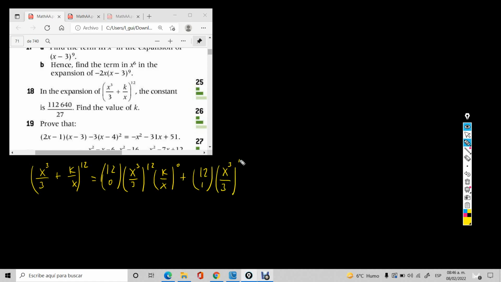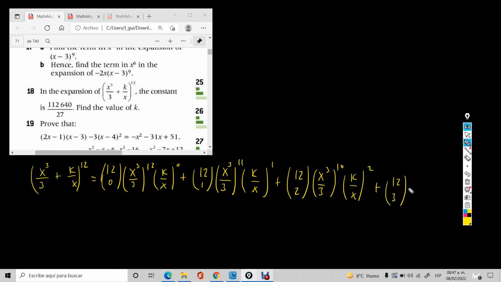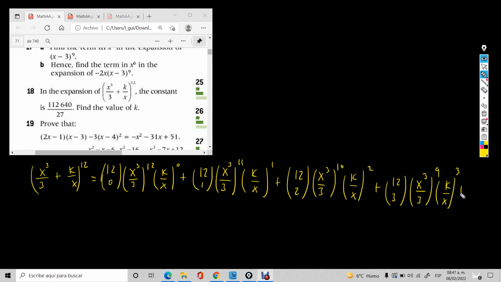I'm going to write another one, like so, plus, etc. How many terms do we have in the expansion? We have 13 because this exponent is 12.